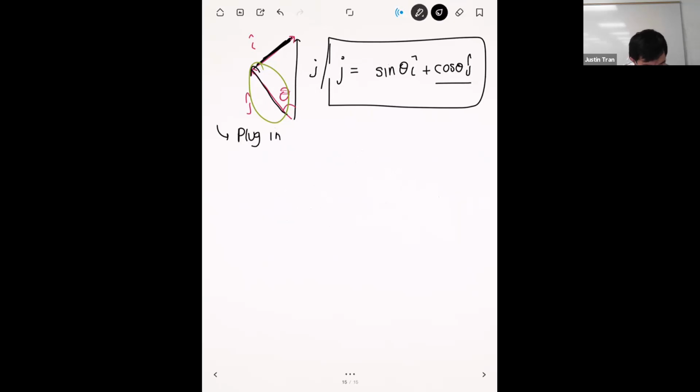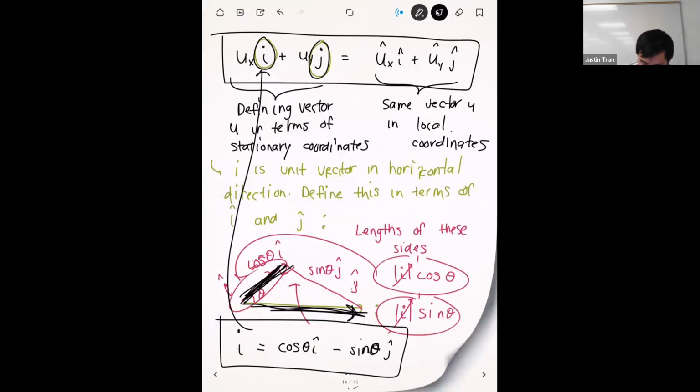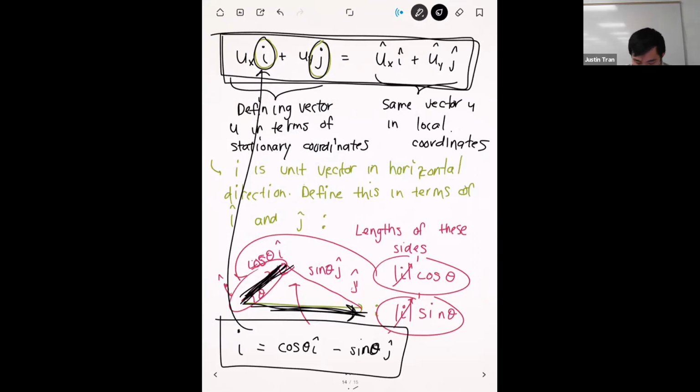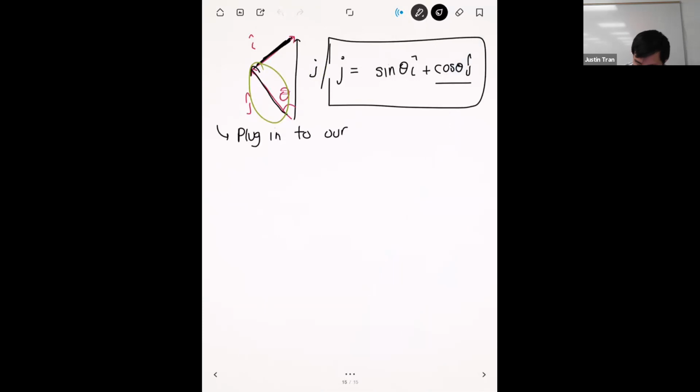Okay, so let's go ahead and plug these in. Remember, the goal was to plug them into this expression right here, with all the ux's. So we have ux, and we plug in for i from the previous page.